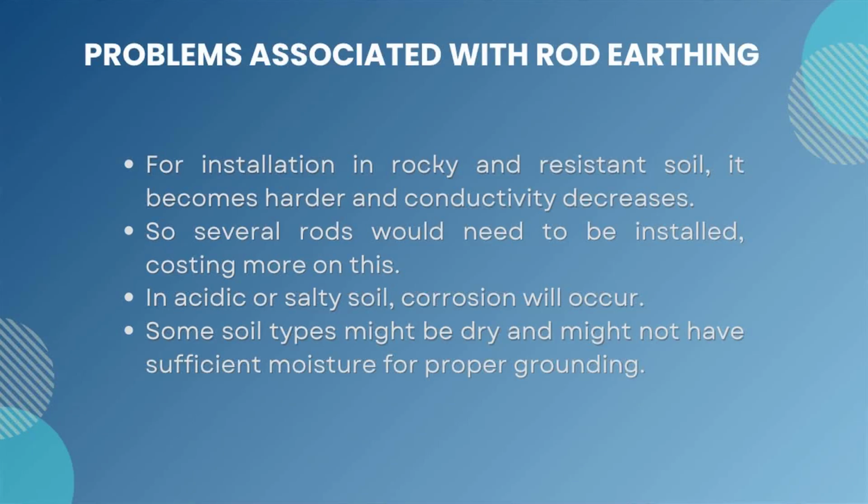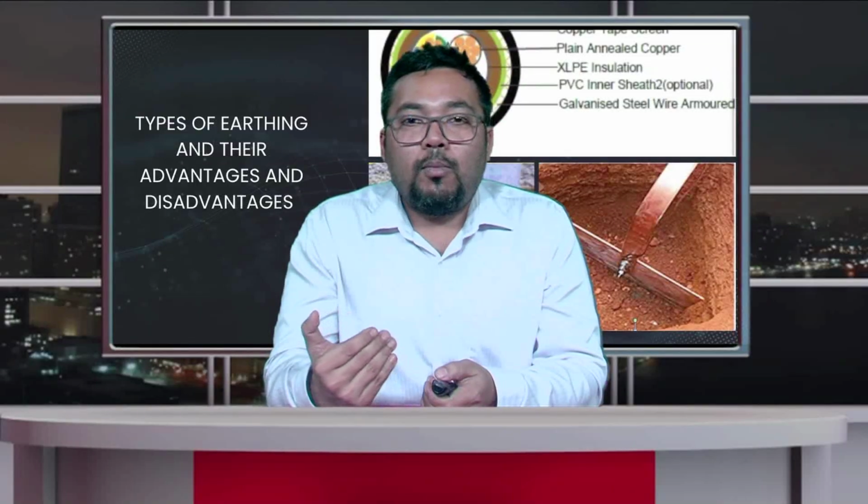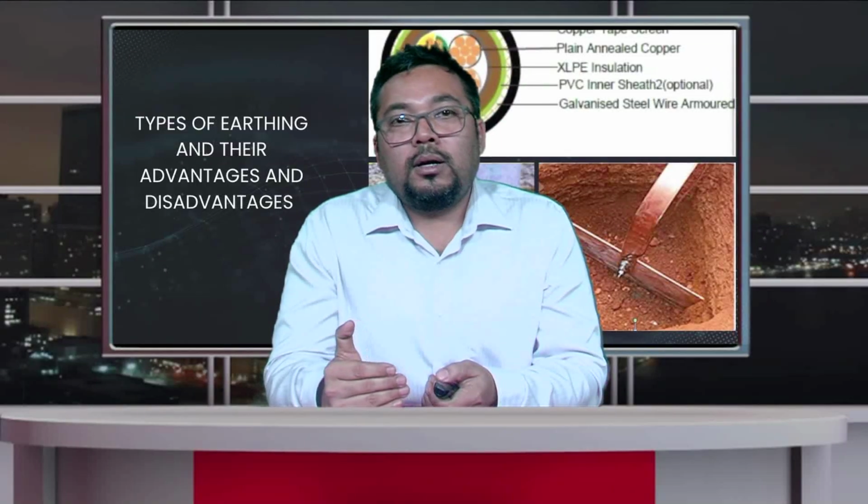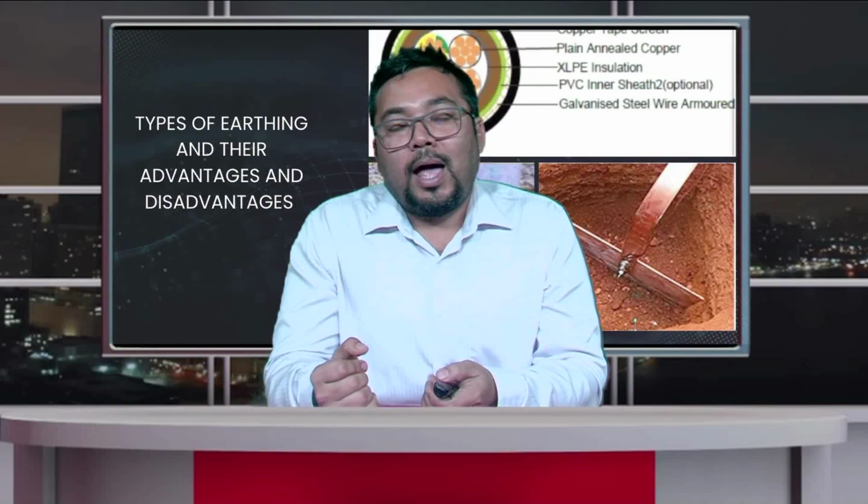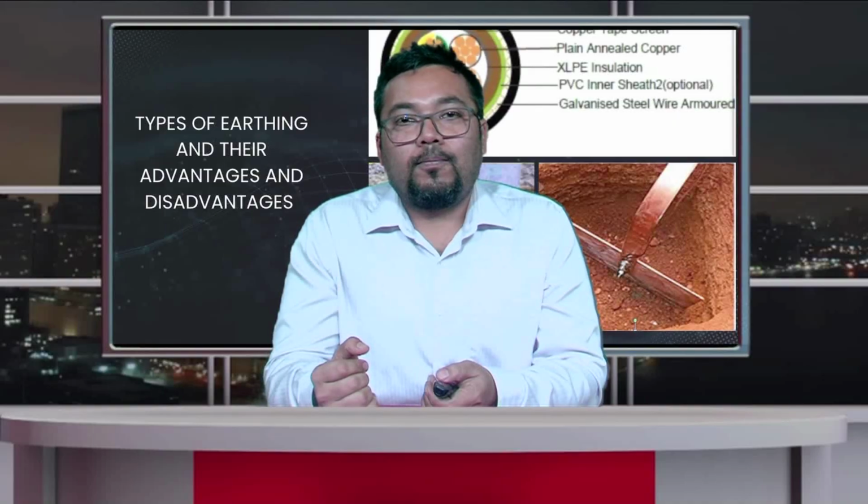Another problem is corrosion, especially in acidic or salty soil, which might cause breaks in the rod or require it to be replaced. Some soil types might be dry and thus might not have sufficient moisture for proper grounding. Therefore, extra moisture like regular watering or chemical treatment has to be taken care of.